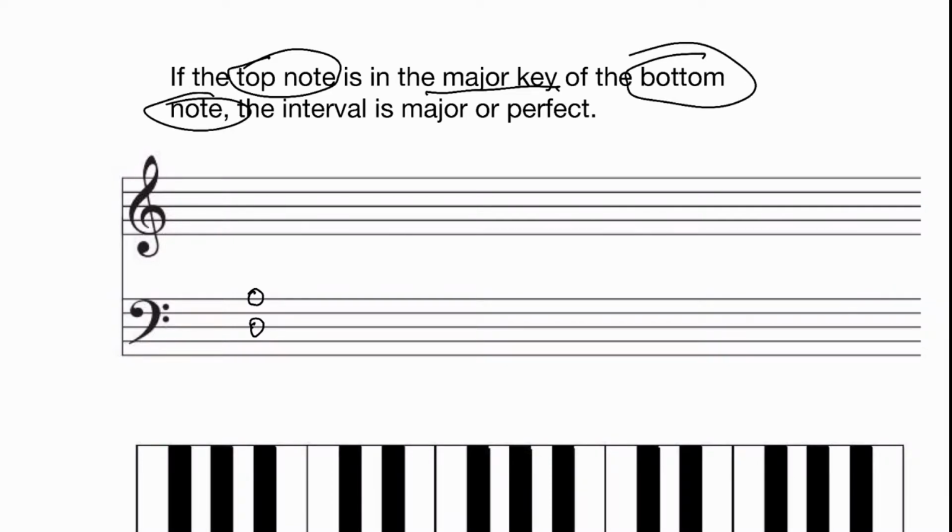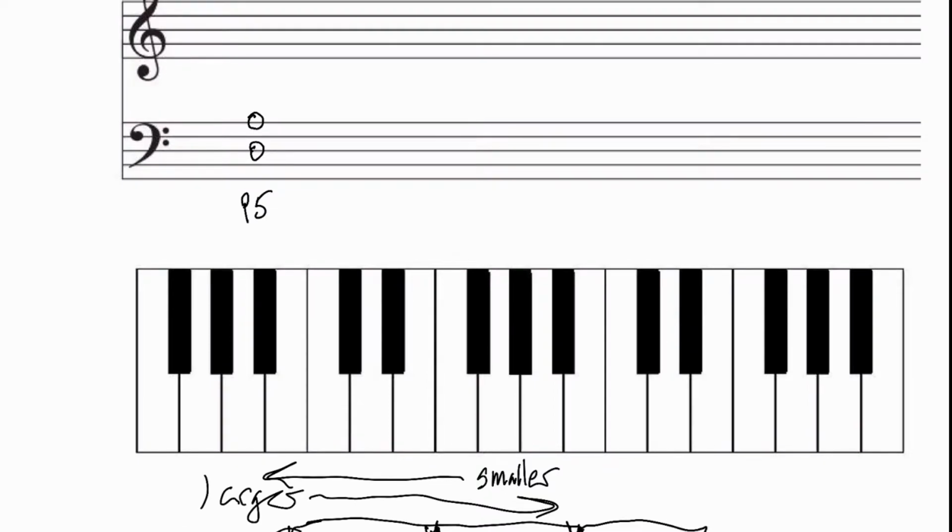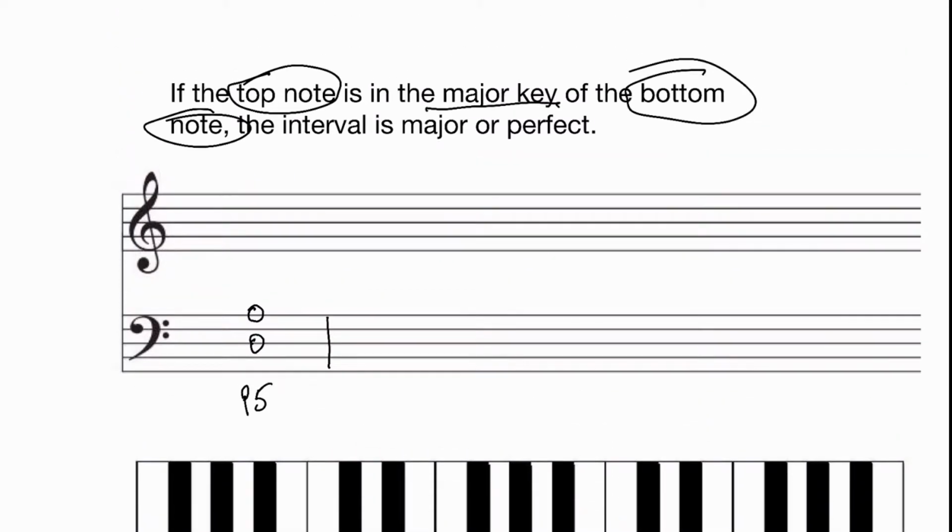A is in the key of D, so I know that it is a perfect fifth. And I know that fifths can be perfect, but they cannot be major. So again, it's major or perfect if the top note's in the key of the bottom note.